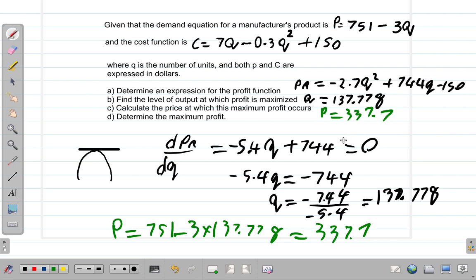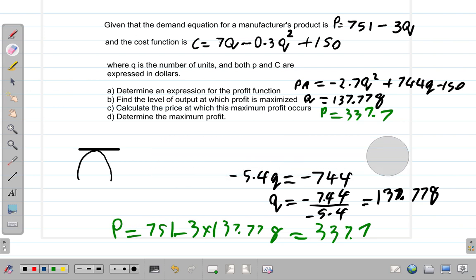Then they say calculate the maximum profit. We want to know what the maximum profit is. Let's erase some of these things.